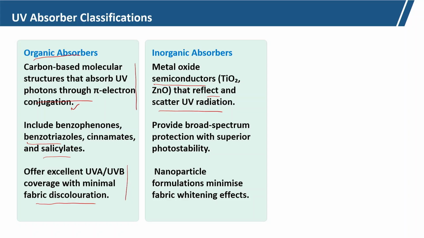So, organic absorbers absorb the UV rays, and these metal oxides are used to reflect or scatter the UV radiation, which provides a broad spectrum of protection including UVA and UVB, and superior photostability.